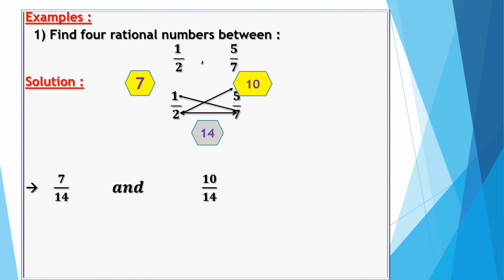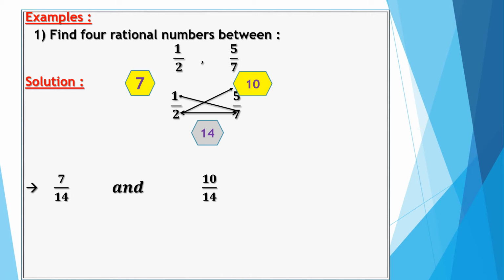We want now to find 4 rational numbers between those numbers. Do we have 4 numbers between 7 and 10? No, after 7 we have 8, yes, 9, and we get 10. So we have only 2 numbers between 7 and 10.